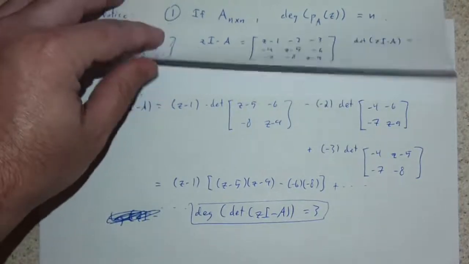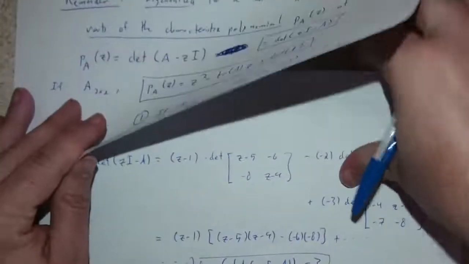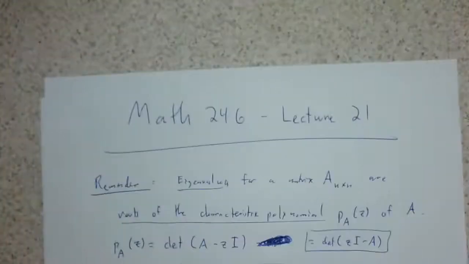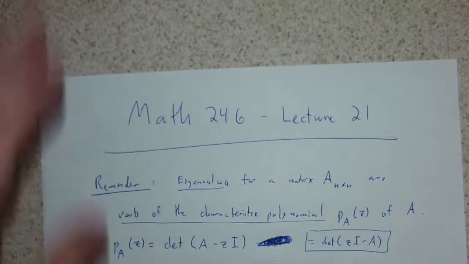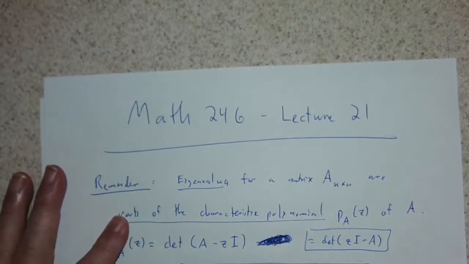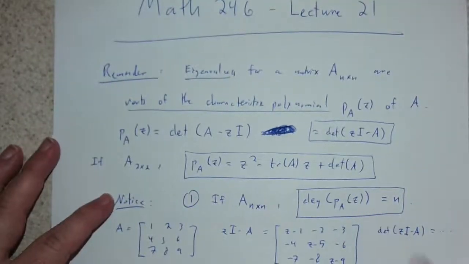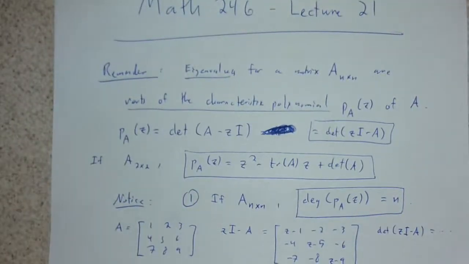Now, in general, as I said, this is actually a degree n thing. So first fact, degree of the characteristic polynomial of an n by n matrix is n. All right, but that tells us some stuff, right?